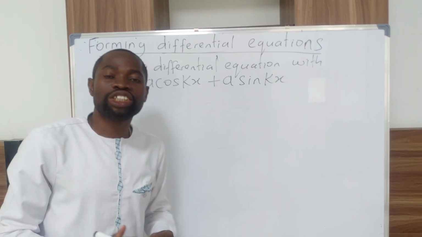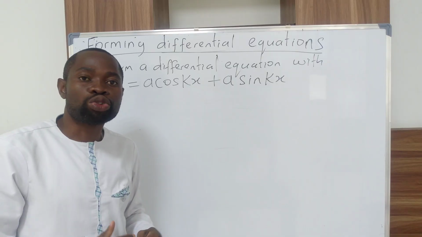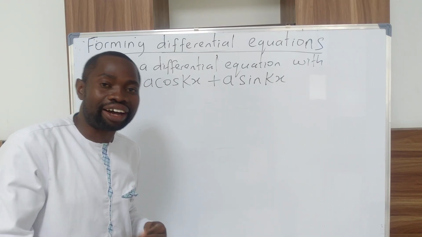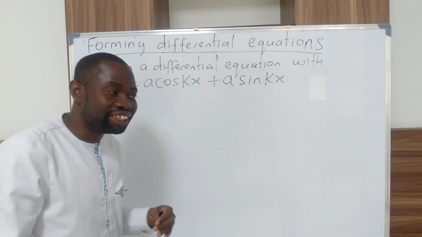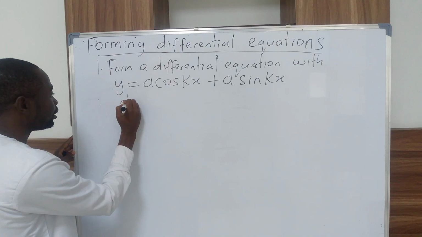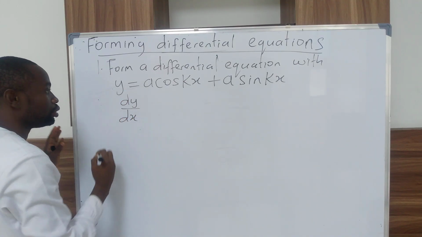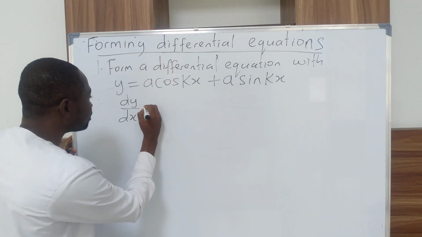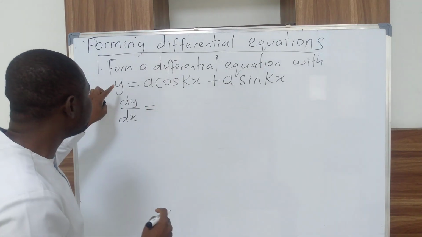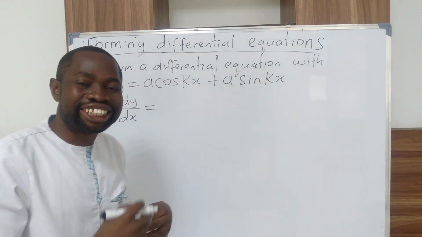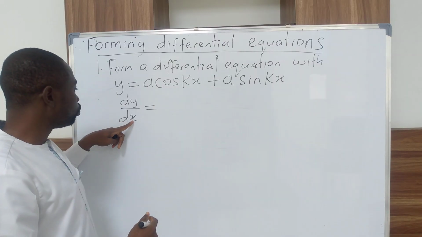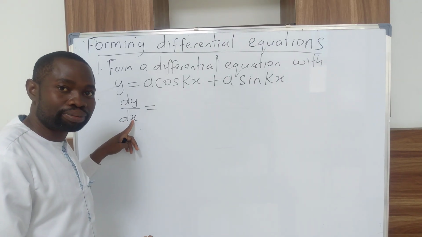So the first thing we have to do is to find the first order. And the first order is dy dx. That simply means that I'm going to differentiate this function with respect to variable x.